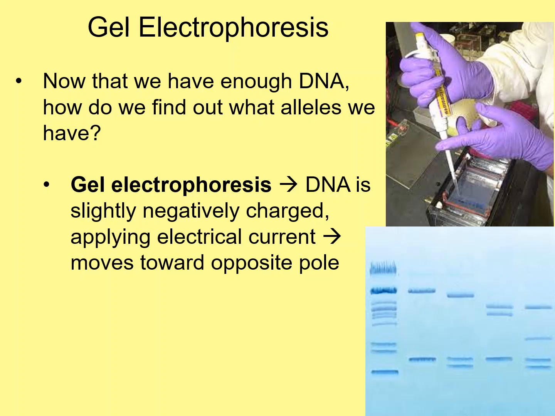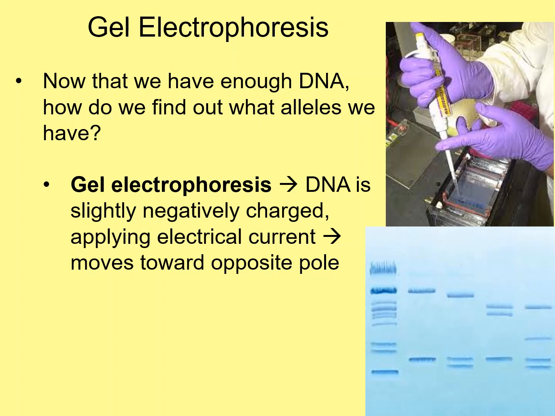So what you're putting in initially is a mix of all of your DNA fragments, but after you've applied the electrical current, the DNA is going to move through the gel a particular distance based on its charge. DNA overall is slightly negatively charged, all those phosphates, and so it's going to be attracted to the positive pole.